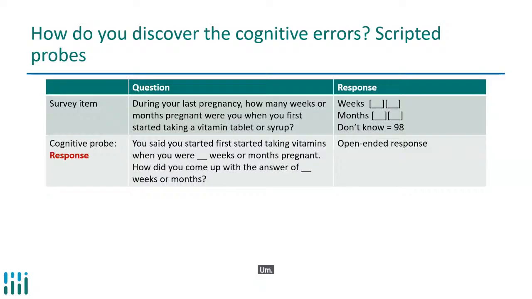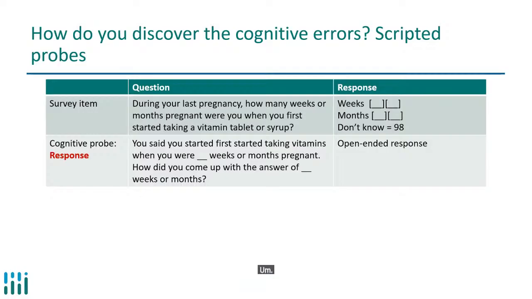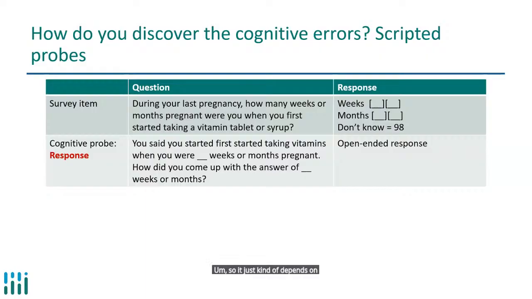It'll help you verify if the response they gave you seems accurate, or if they really know what they're talking about. Some people might say 12 weeks, but it's easier to think in months because there are fewer months of a pregnancy than weeks. So it depends on who your population is, what you can do as far as response errors go. Okay, next slide.